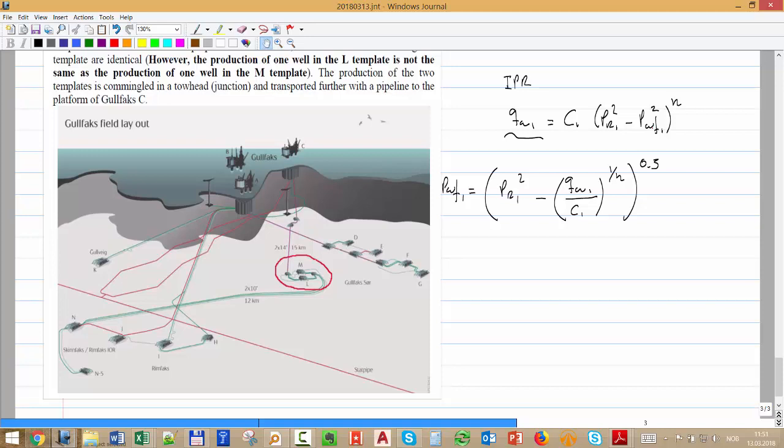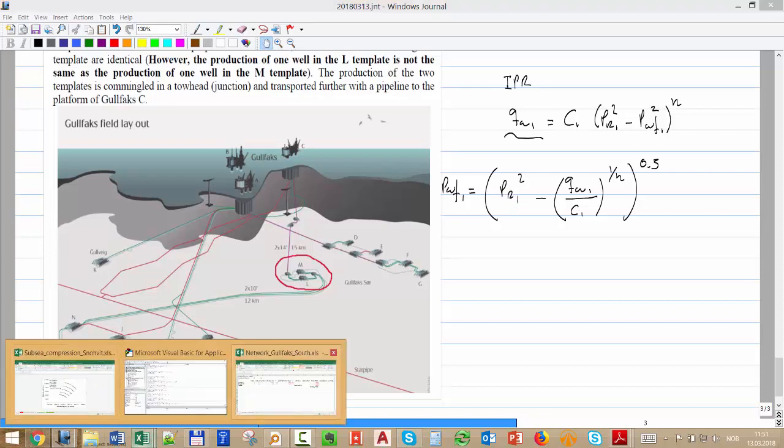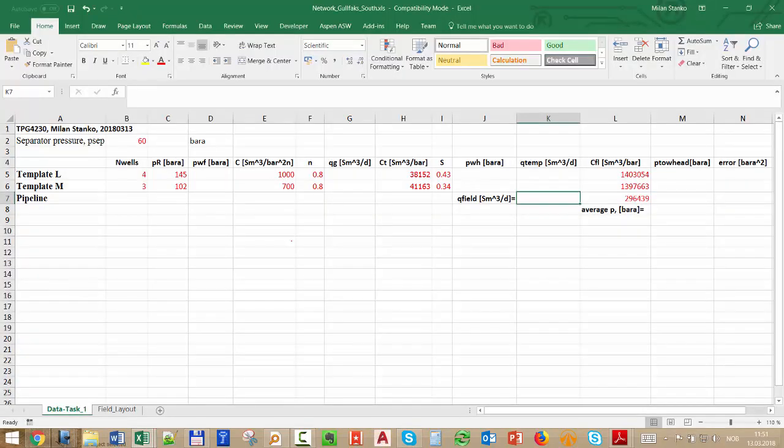So by doing that, I avoid this particular problem. So that's why in this particular case I prefer that we try with pressure. Which value do I assume for flowing bottom hole pressure? Let's try something a bit close to reservoir pressure. Okay, 120. Here we try maybe with 90.